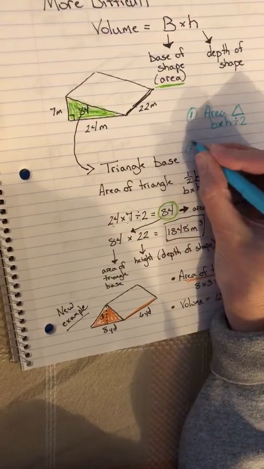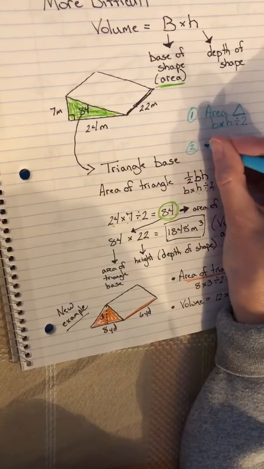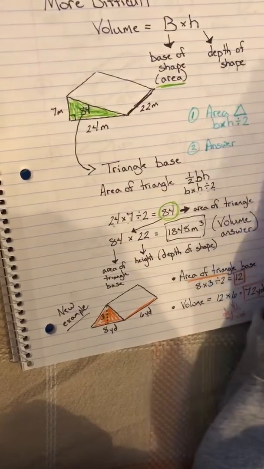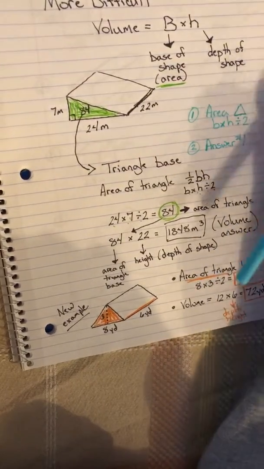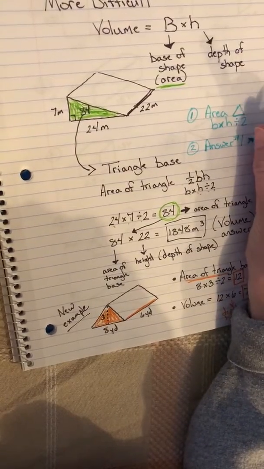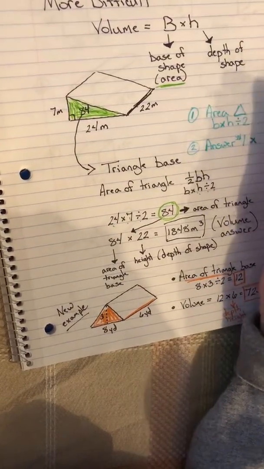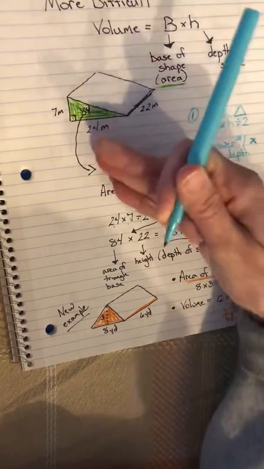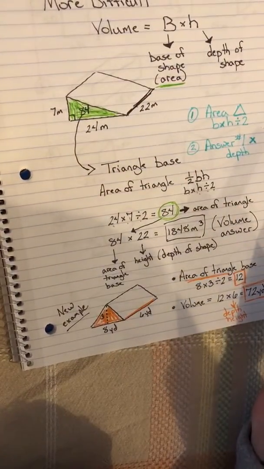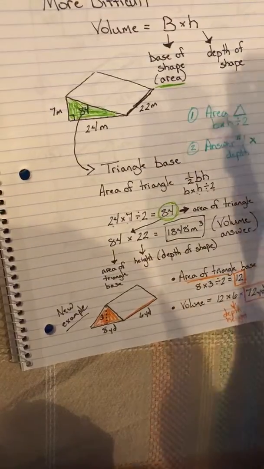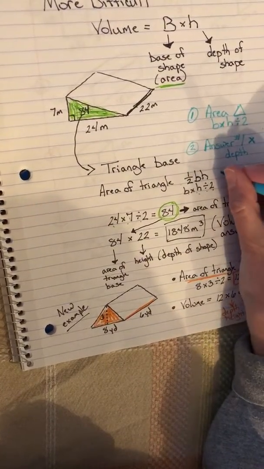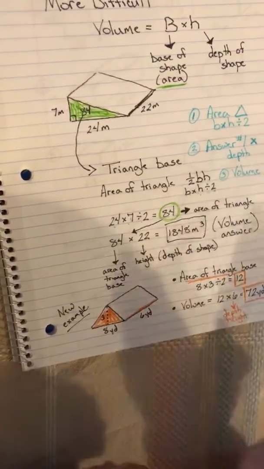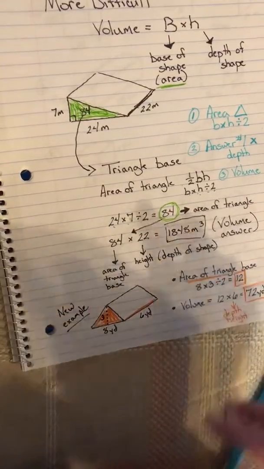Step 2, you're going to take the answer from number 1, which is the area of the triangle, and multiply it by the number that shows the depth, or how deep the three-dimensional shape travels back. When you multiply those two together, that answer is the volume of the triangular prism.